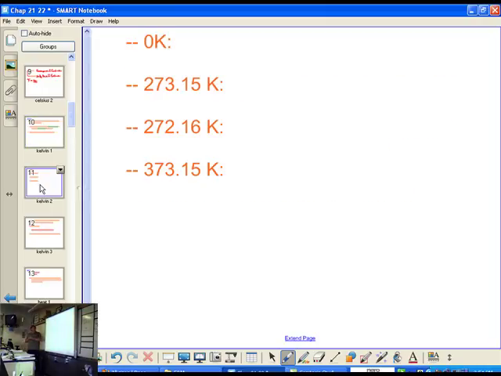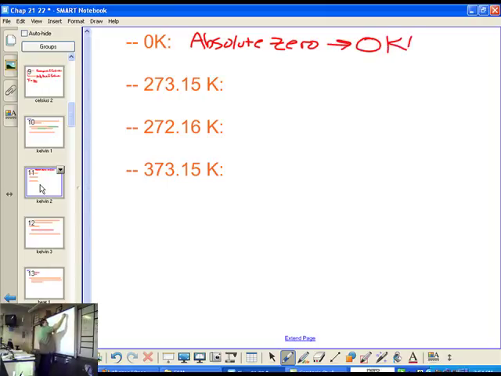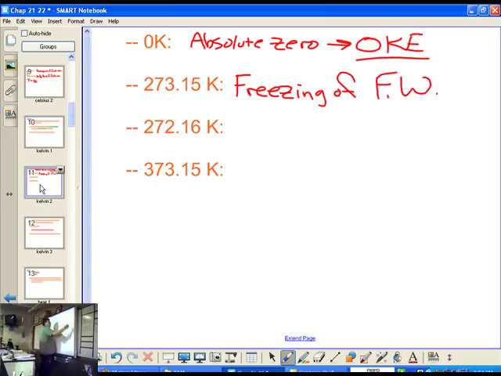So on the Kelvin scale, 0 Kelvin is absolute zero. There's zero kinetic energy left in the materials. 273.15 kelvins is the freezing of fresh water.